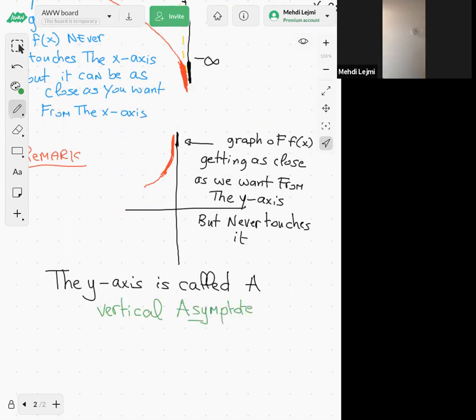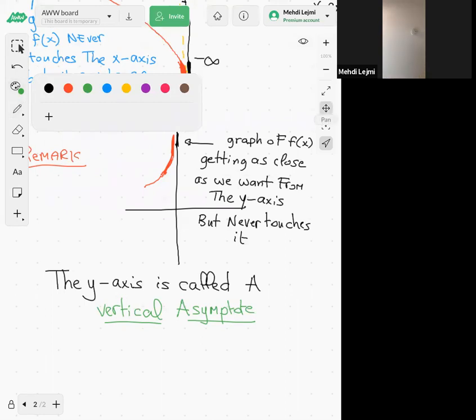When I say a vertical asymptote, I mean a vertical line, right? And so your graph is getting as close as you want from that vertical line, but it never touches the line, right?